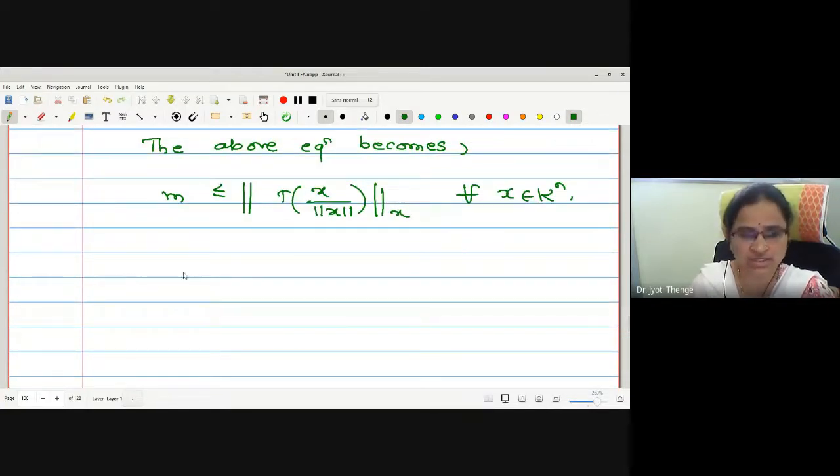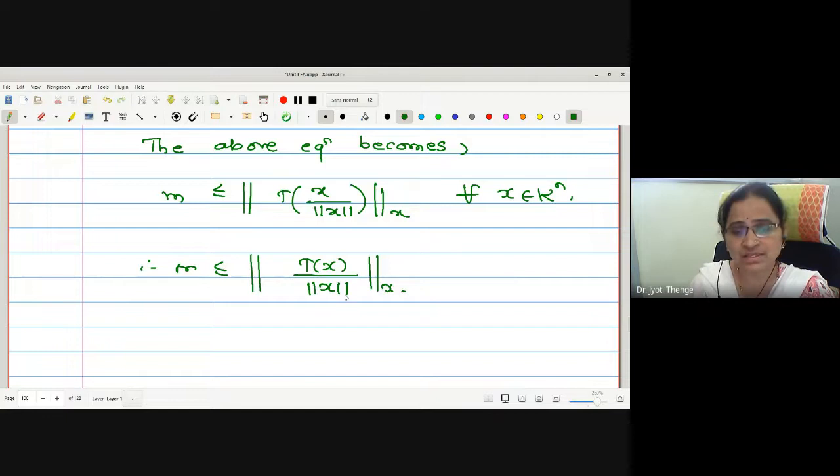So let us just separate. How can I use this? Norm x is a scalar quantity. Knowing linearity, can I write this as T x upon norm of x? But norm x is a scalar. How can I take this scalar out? With modulus. But norm is a non-negative quantity, so it is not necessary for me to write the modulus.